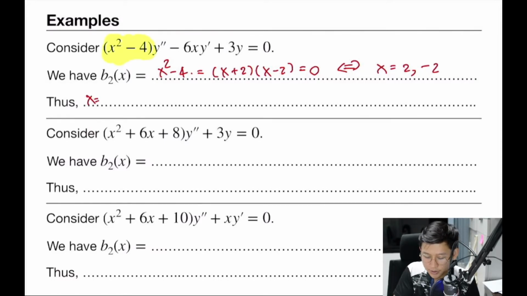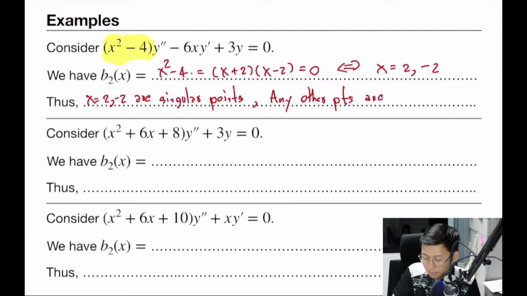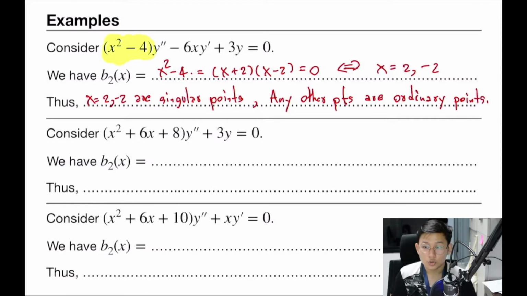Thus x equals 2 and minus 2 are singular points. And any other points are ordinary.